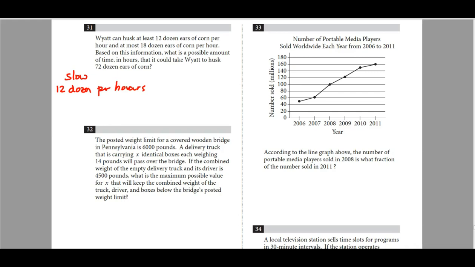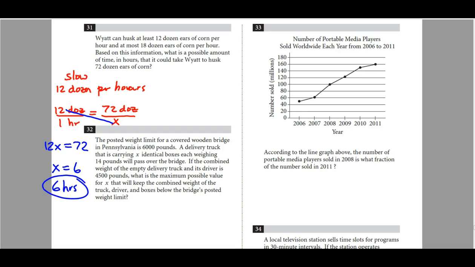So you could set up a little proportion. You could say, 12 dozen for 1 hour would mean he could do 72 dozen in x hours. And we could cross multiply to solve this proportion. You'd have 12x equals 72, or x equals 6. So if he's doing it really slow, he could do it in 6 hours.